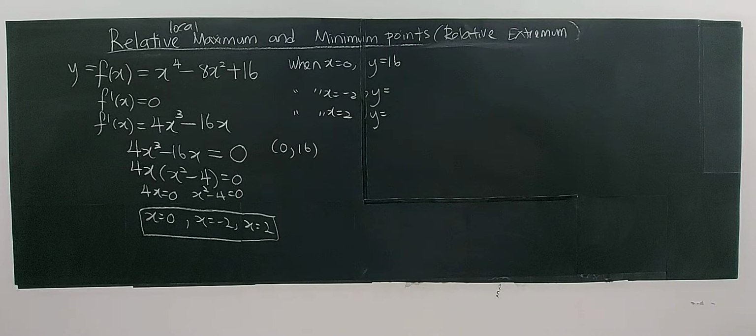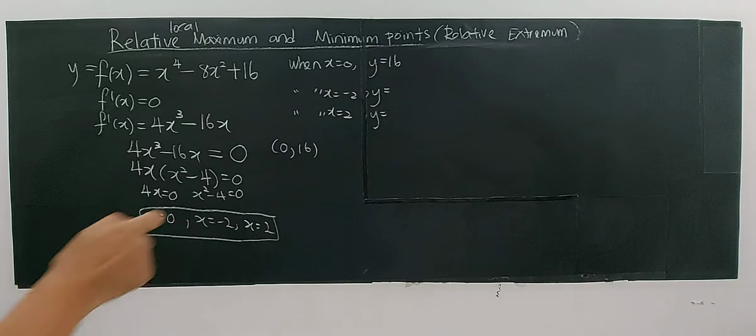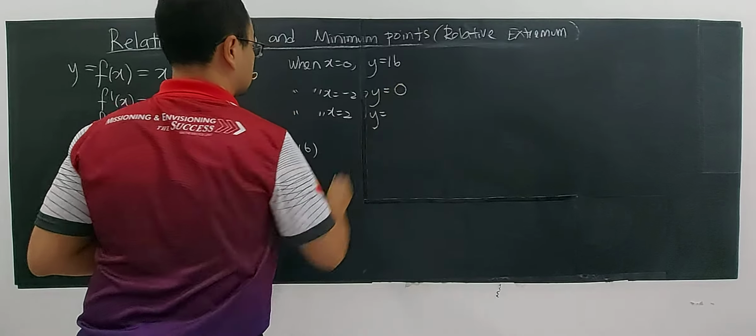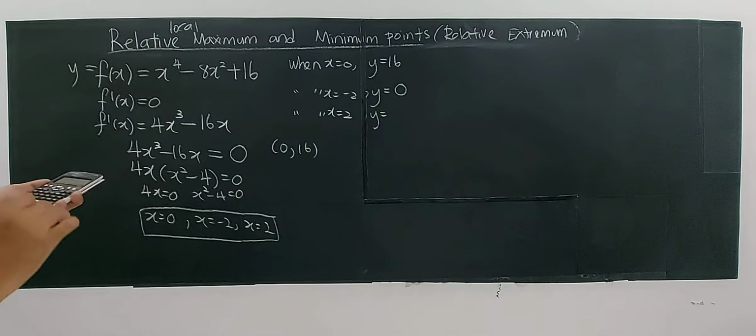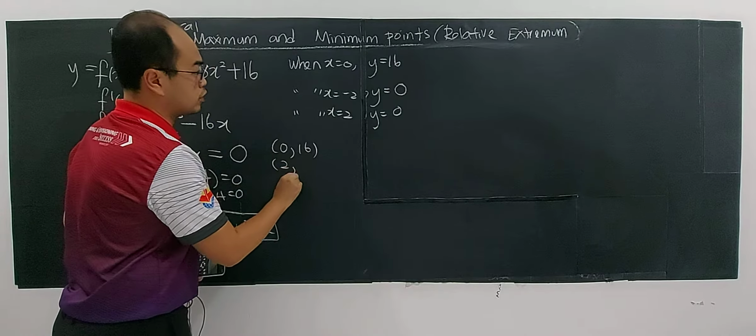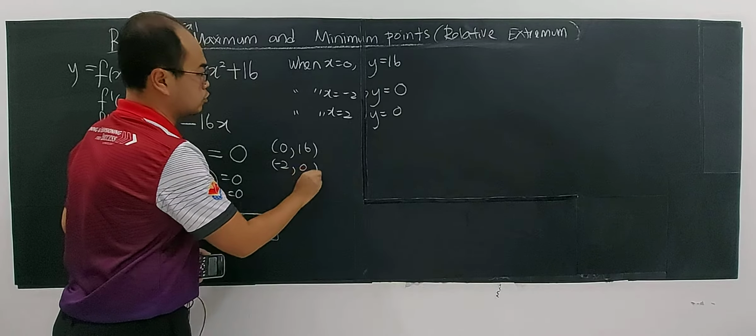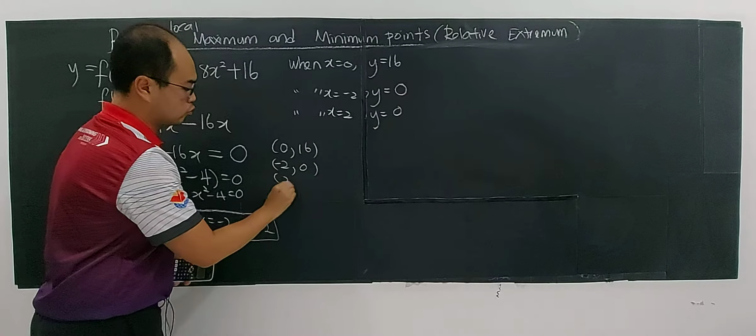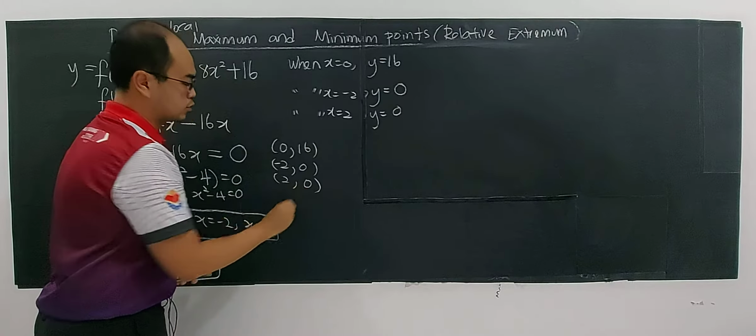If you key in negative 2, you get 0. If you calculate 2, you still get 0. So you have 3 coordinates: (0, 16), (negative 2, 0), and (2, 0). I get the value of y by substituting the x value into the function. So I have 3 points.